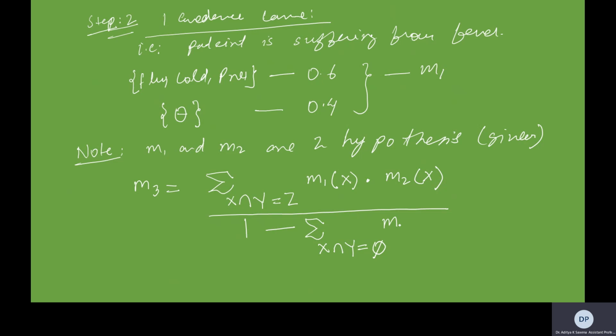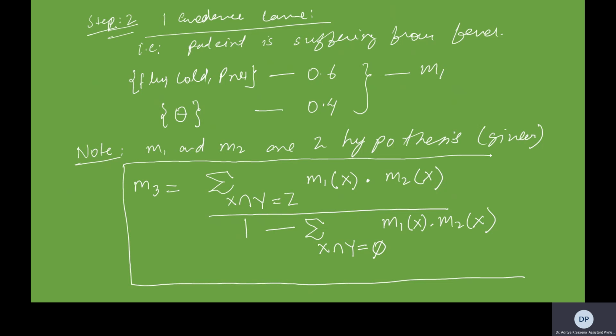Use this formula for getting a new hypothesis if two hypotheses are given, with their sets. Like here this is M1, with two sets, flu, cold, pneumonia and theta. Likewise, M2 will be given after another evidence. So if you have two evidences, you can create a third hypothesis using M1 and M2. Let's do it.